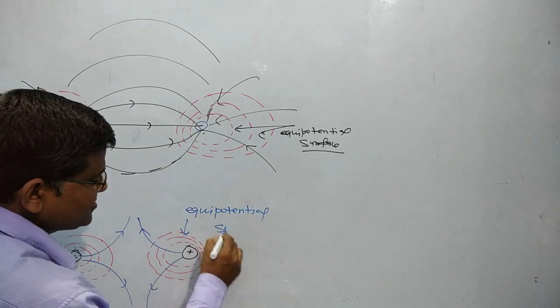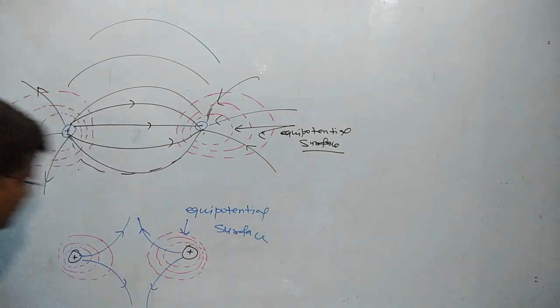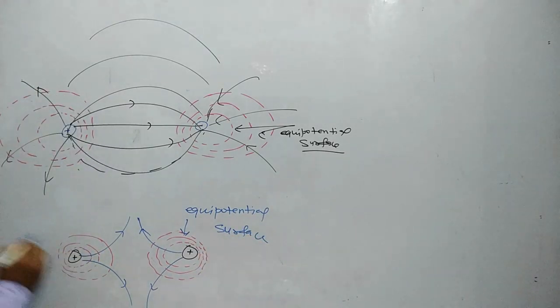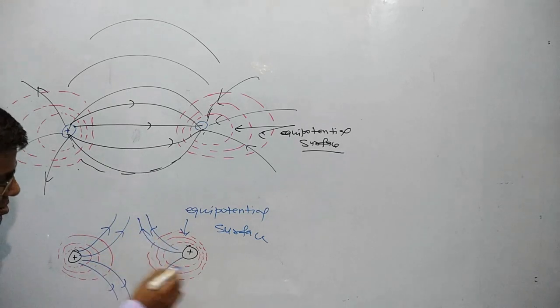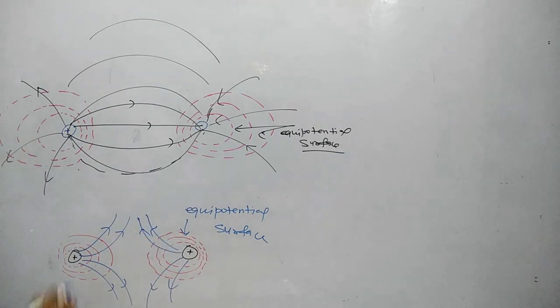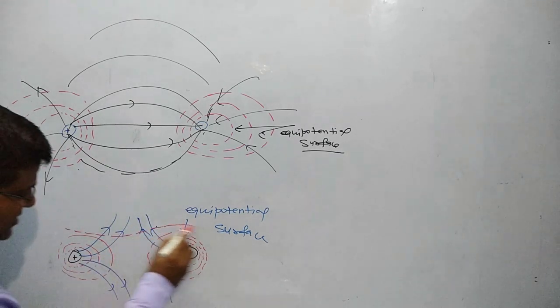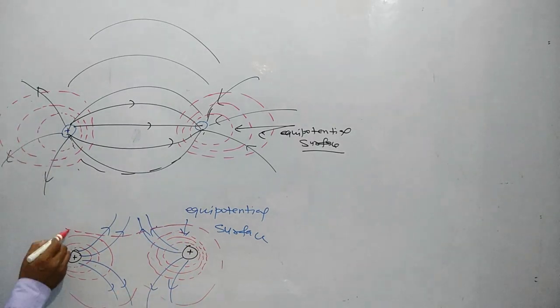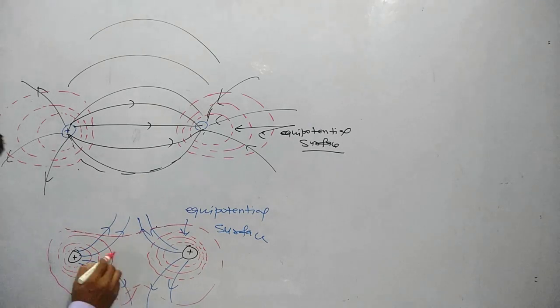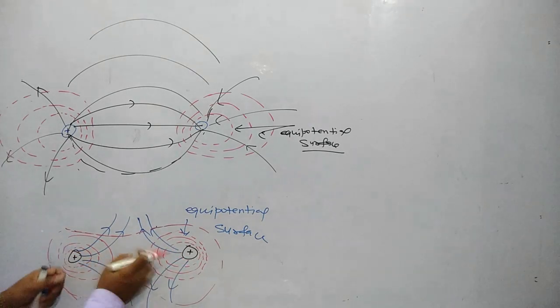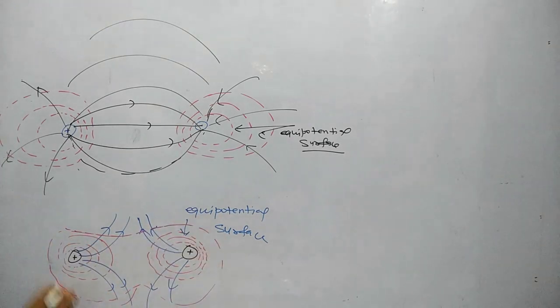Just draw more lines as mentioned in your book, but carefully. This combines these two, and more and more, and the final equipotential is combined like this.